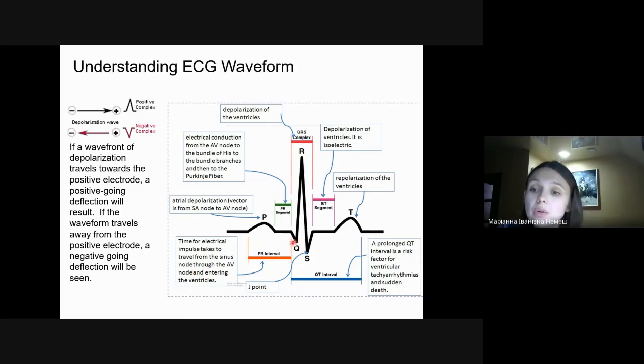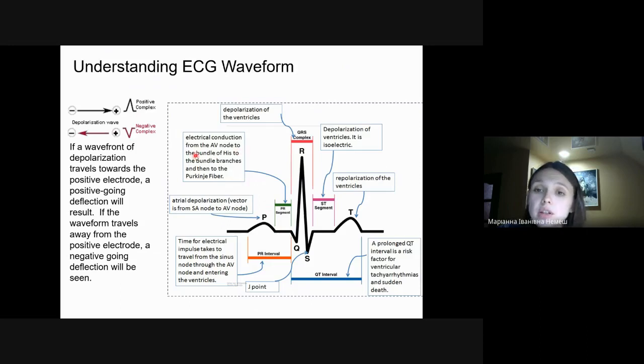The PQ interval should last about 0.12 to 0.20 seconds. The PQ segment is measured from the end of the P wave to the beginning of the Q wave.